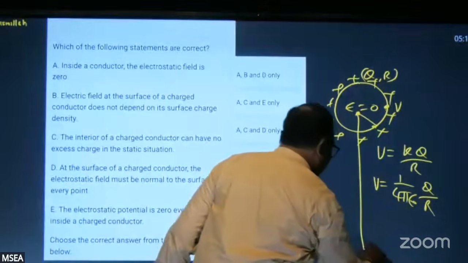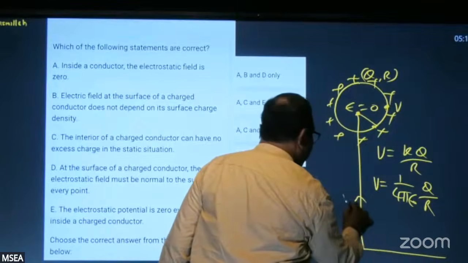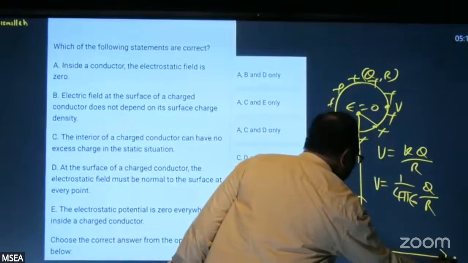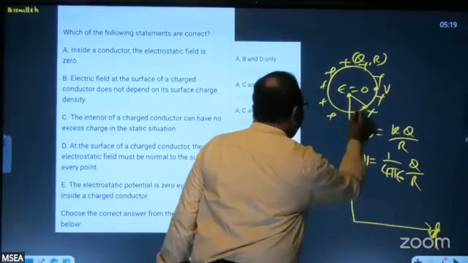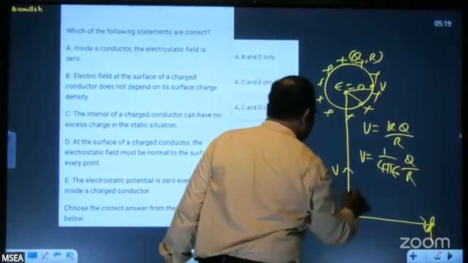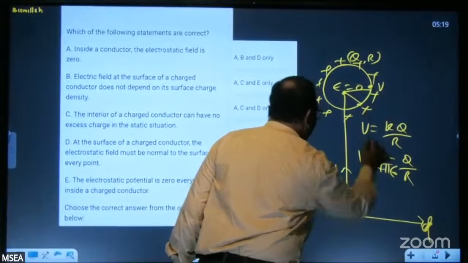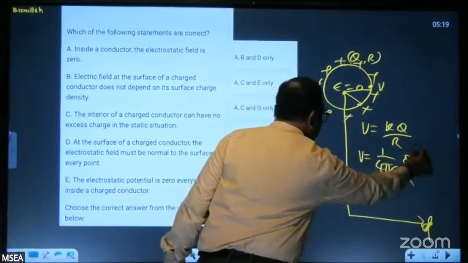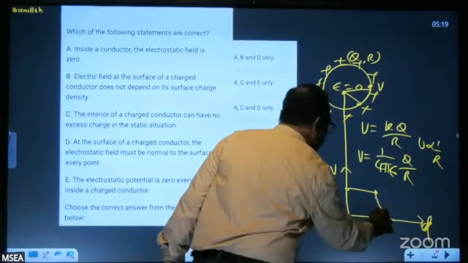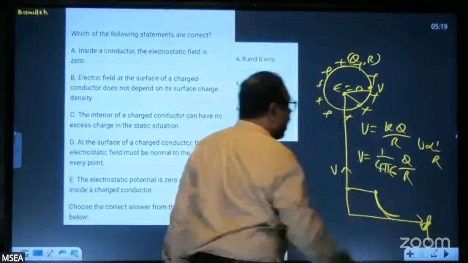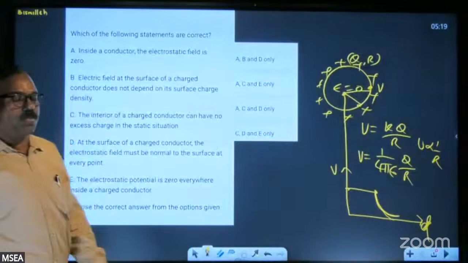If they ask you to draw the graph, with potential on one axis and distance on the other: potential is constant from center to the surface, and afterwards the potential is inversely proportional to distance. Inversely proportional to distance means we get a rectangular hyperbola.